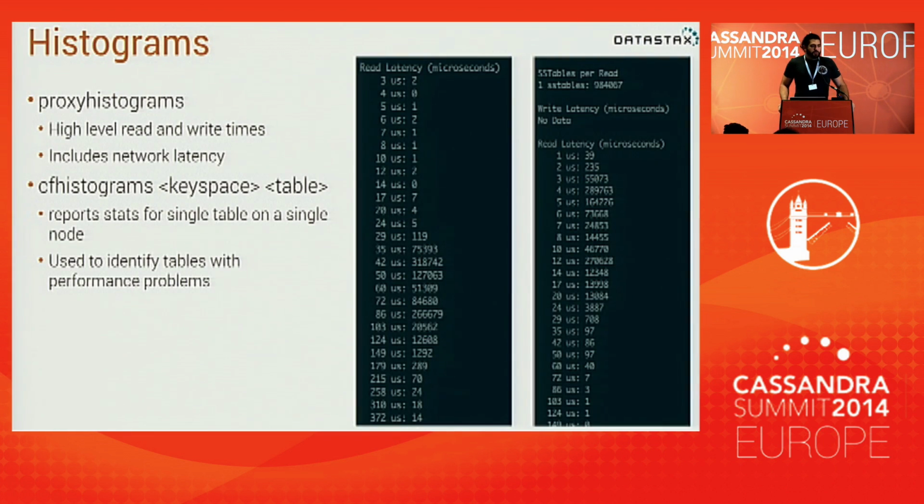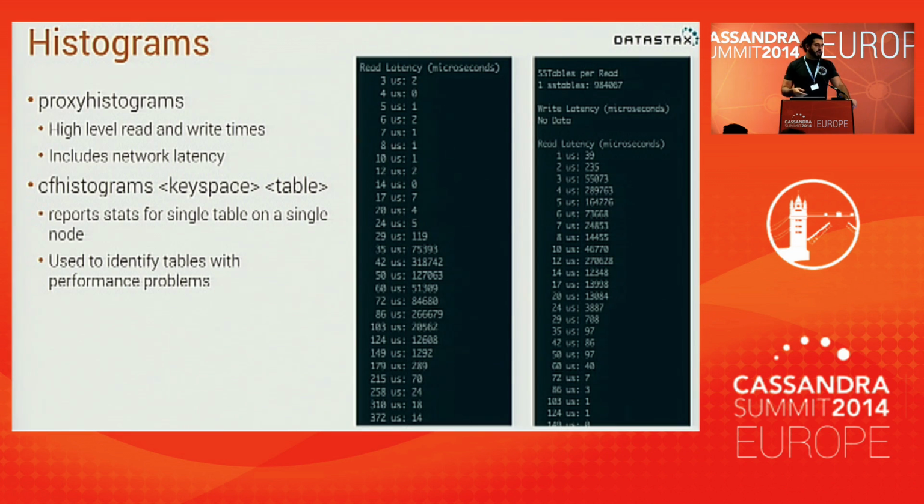Another really useful tool in nodetool is histograms. So this is actually from Cassandra 2.0. There's a new version of histograms that's actually nicer in 2.1. And the first one is proxy histograms. That basically gives you an idea for your cluster at any given moment in time how long queries are taking that are being performed on that single node.